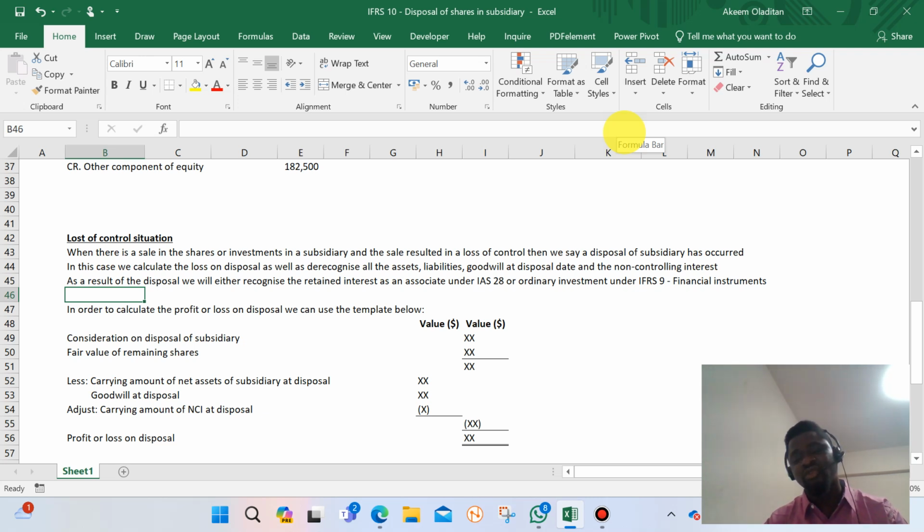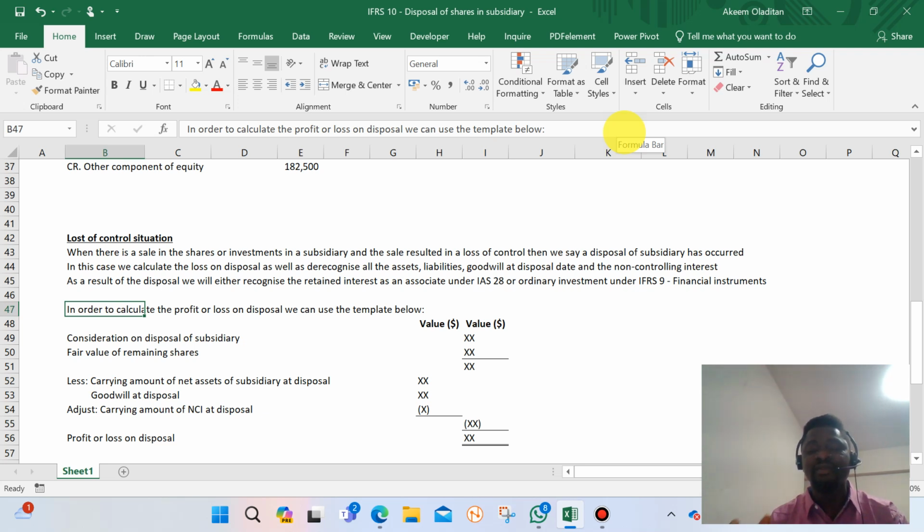So those are the situations that can arise on the loss of control. On the loss of control, the first thing we need to do is consolidate the account of the subsidiary up to the date of disposal.